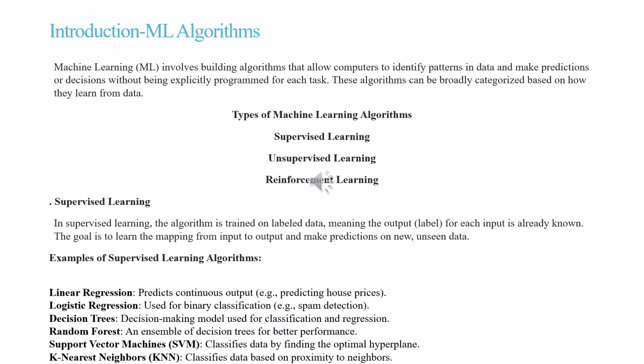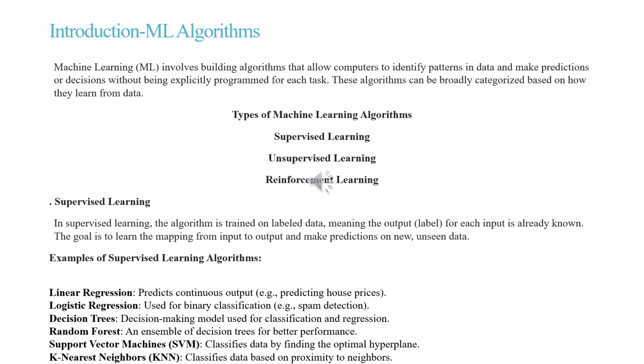What are examples of supervised learning algorithms? Linear regression, logistic regression, decision tree, random forest, SVM, that means support vector machine, and the KNN algorithm. With linear regression, you can predict house prices. With logistic regression, you can do spam detection, that means binary classification.